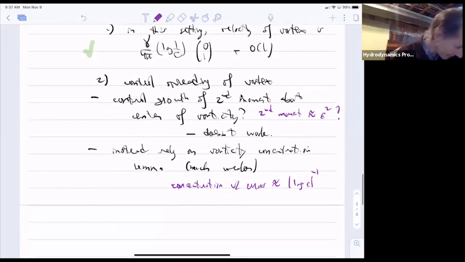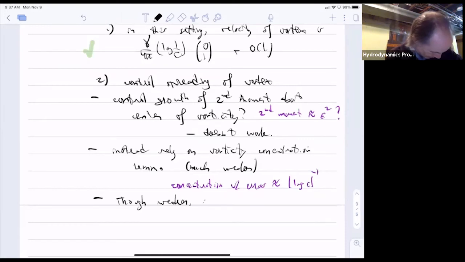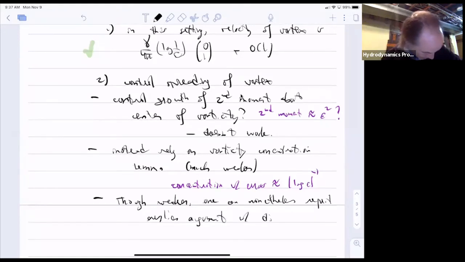But nonetheless, though weaker, one can repeat the earlier arguments with some difficulty. It's not that hard. It's just sort of technical.